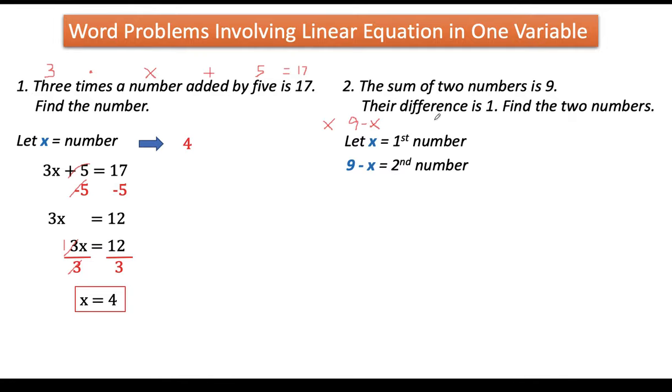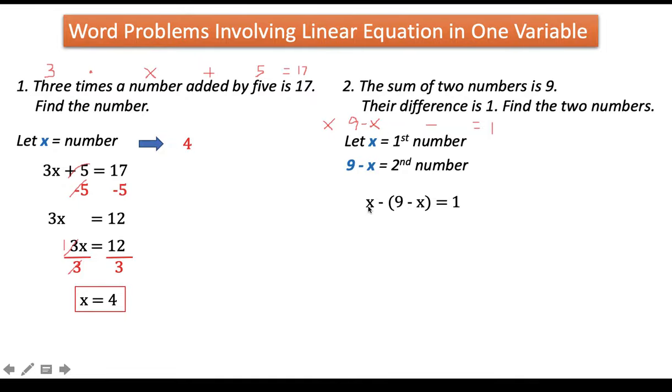This word difference means subtraction or the result of subtraction. The word is translated as equals, then 1. So the difference of x and 9 minus x is equal to 1. And this will be our working equation.